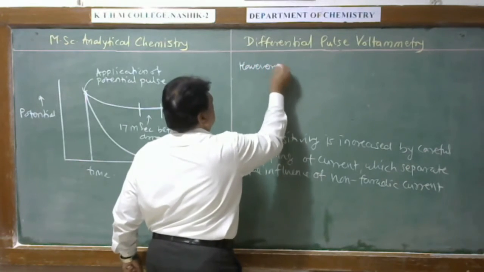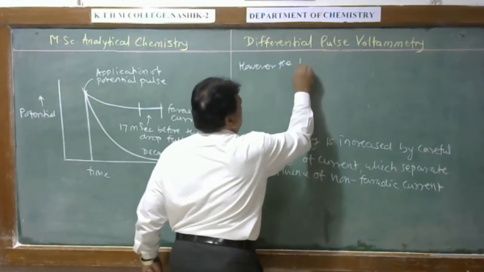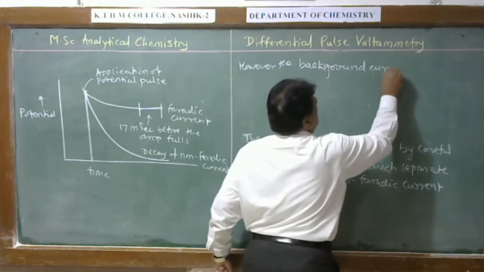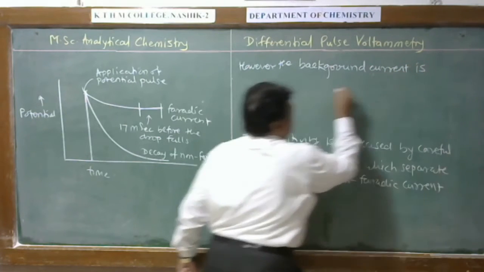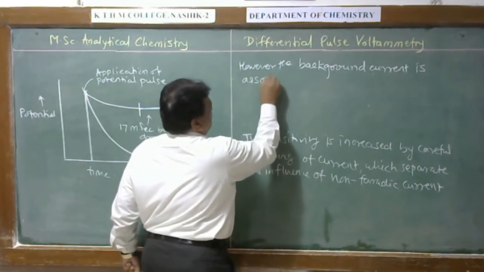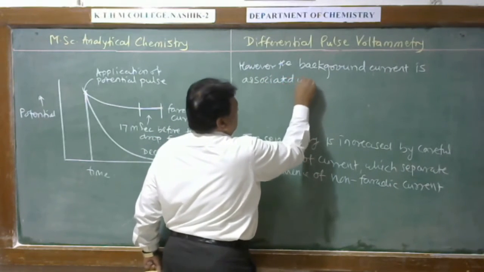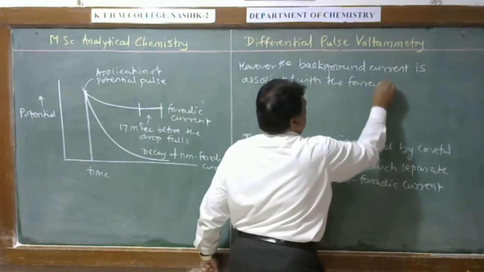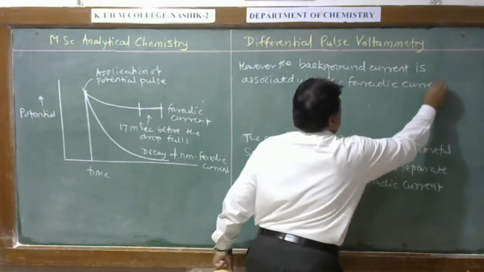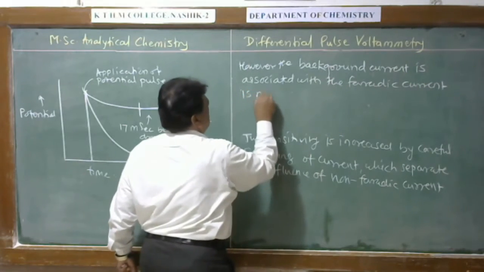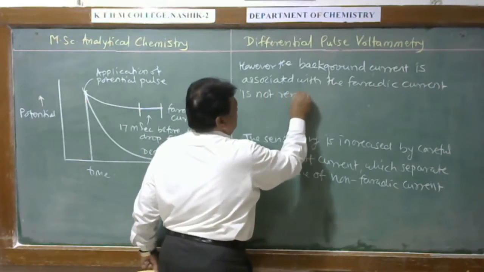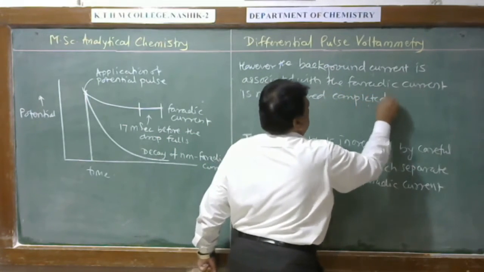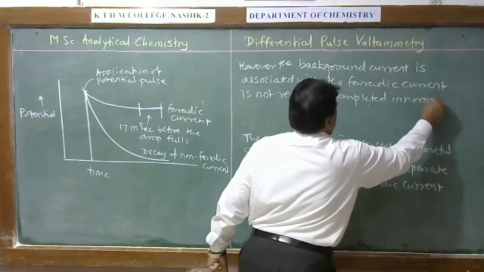However, the background current associated with the Faraday current is not removed completely in normal pulse voltammetry.